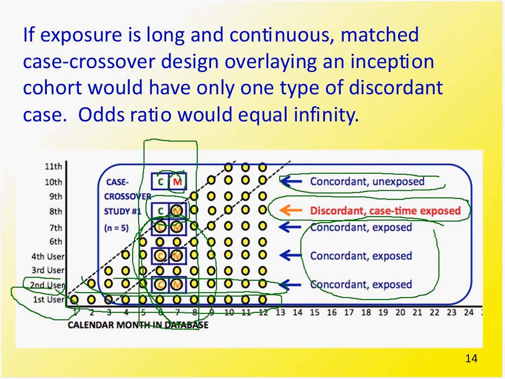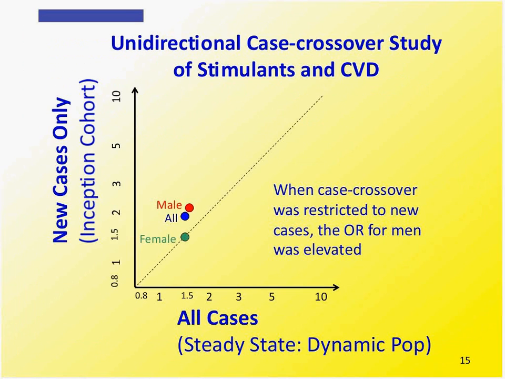So there's a bias in the design when there's a non-steady state, where a new drug is being introduced and people are starting and stopping. As it becomes more of a steady state, the opposite kind of discordant subjects will begin to emerge, and that bias won't occur.